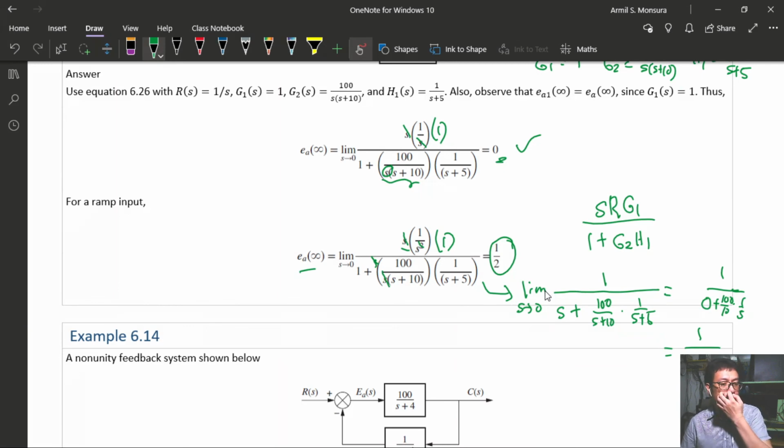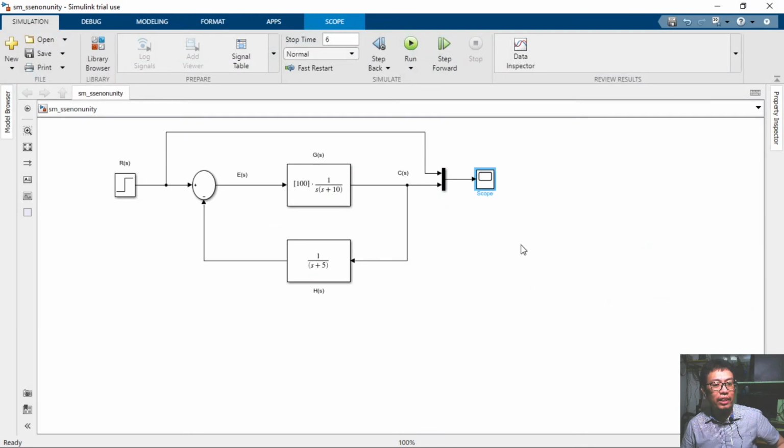Pero what would happen is, we have to make sure na magkaiba nga yung units nila. Okay. So, simulation pala assumes that your signals are of the same quantity. Kasi nga, yung ating summing junction just works on the principle na yung signal dito minus yung signal dito is the output.